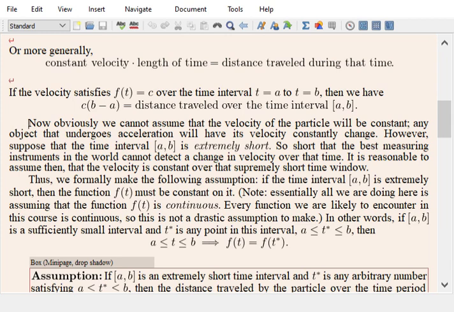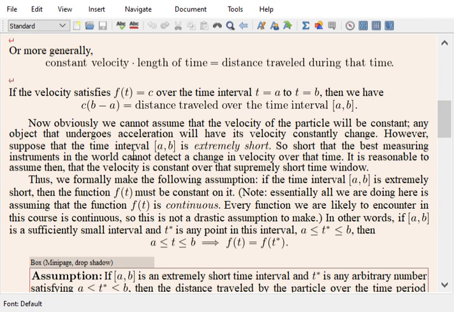Any object that's undergoing acceleration has its velocity constantly change. So, in other words, every object ever, except for maybe a particle floating in deep space. However, there's a way that we can sort of get around this, philosophically.